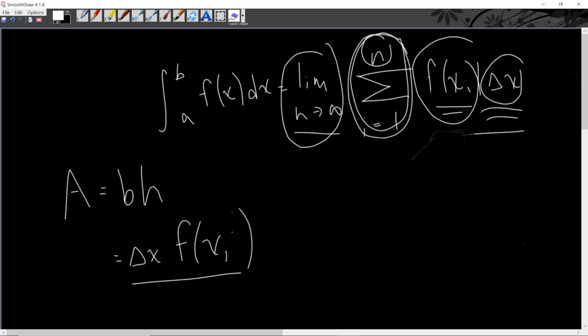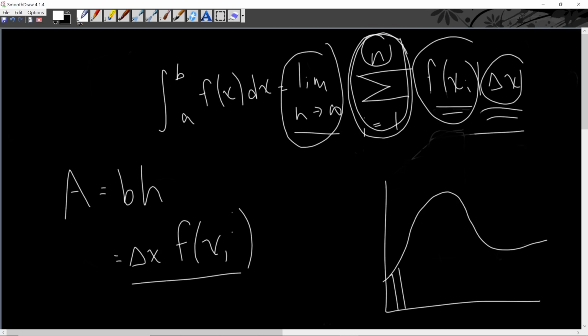Again, if we want to illustrate that, we can say that if this is a curved function, and this is some delta x, and this is some f of x_i, there is a bunch of delta x's out there. And there's a bunch of f of x_i, f of x_(i+1), f of x_(i+2), f of x_(i+3), and on, for as much as is possible.